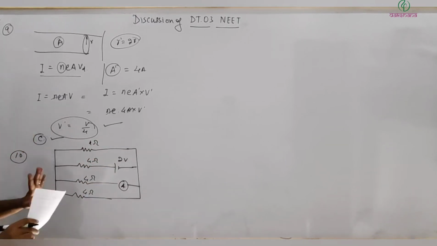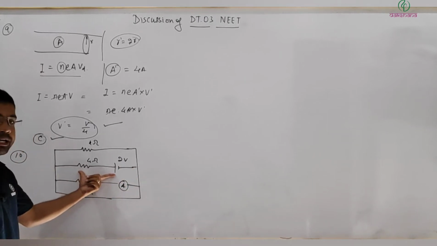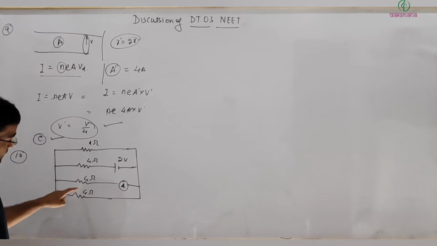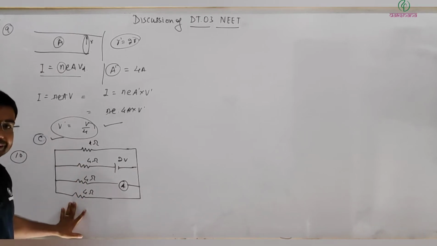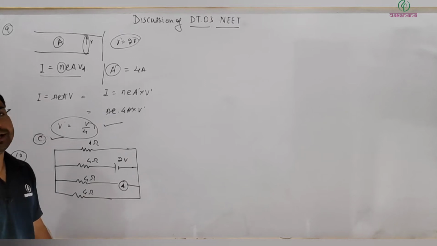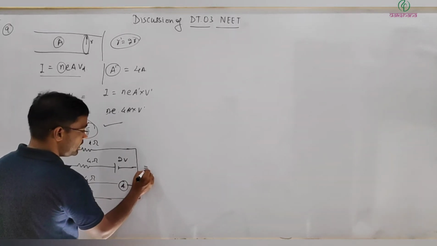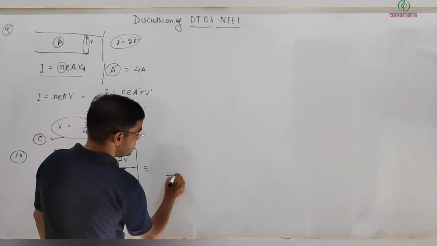See, listen. If I take just these 2 points, then these are all simple resistors, and I can say these all 3 are in parallel combination, right? So this system can be equivalently written as follows.